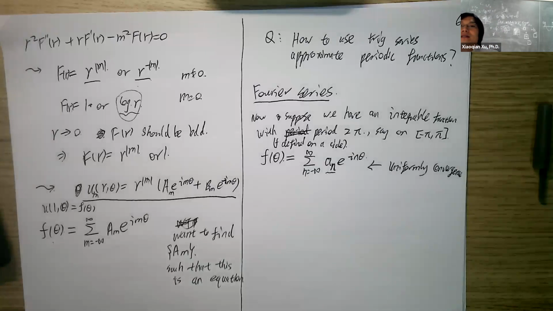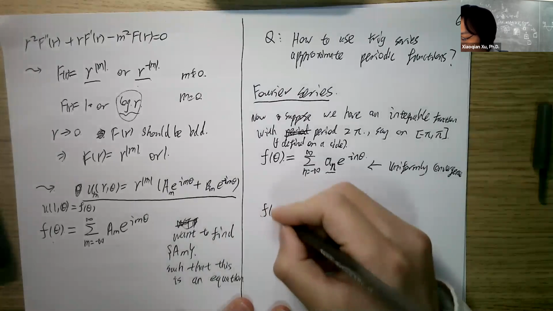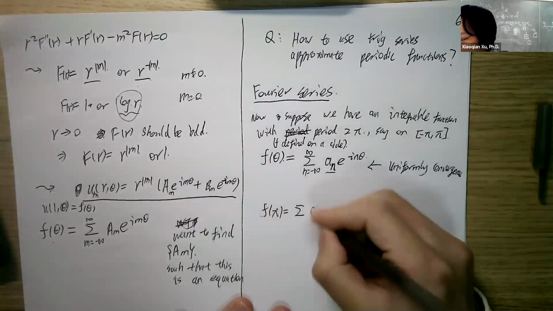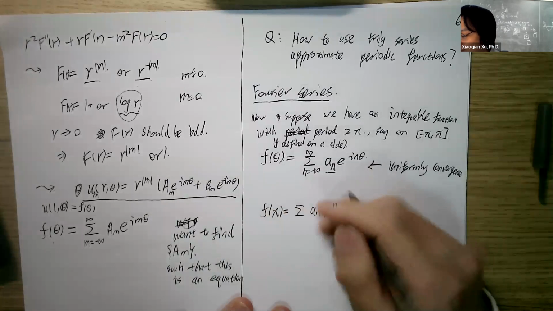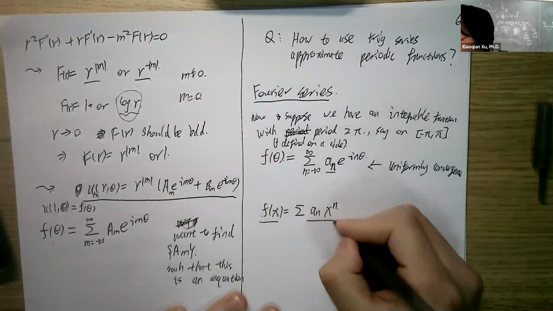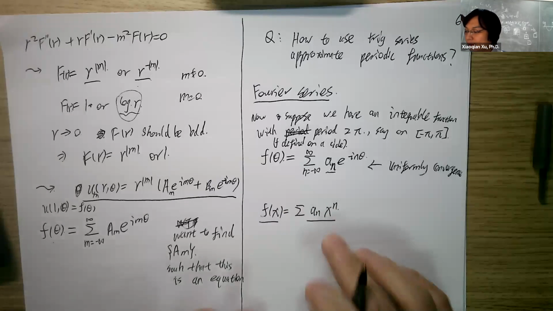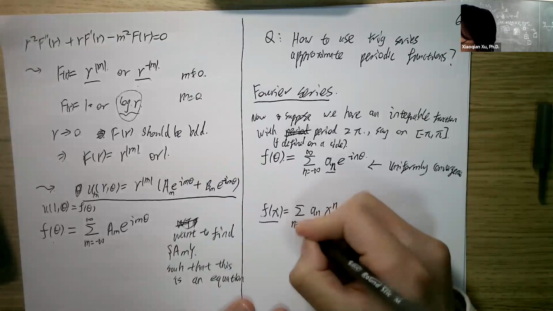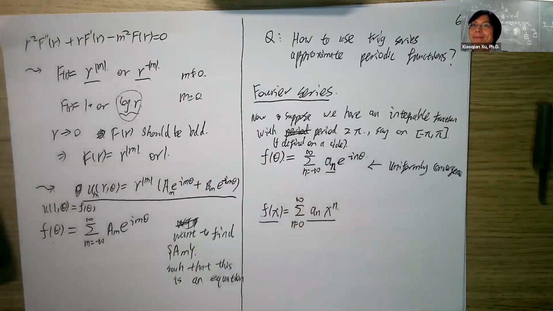You may have learned the Taylor series before, right? The Taylor series for f of x can be written as the sum of an x to the power n, maybe divided by n factorial. Let's ignore that. Which means you may try to write f of x in terms of these polynomials, n from 0 to infinity. You always try to do this kind of expansion when you have a function.